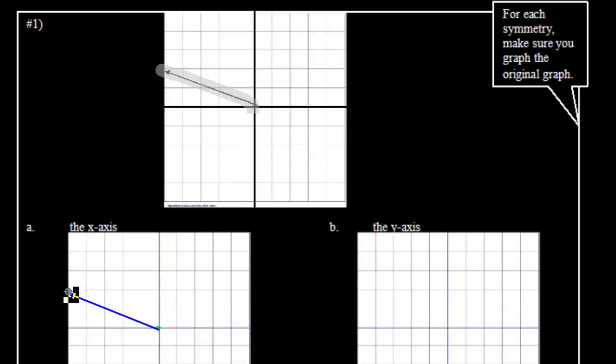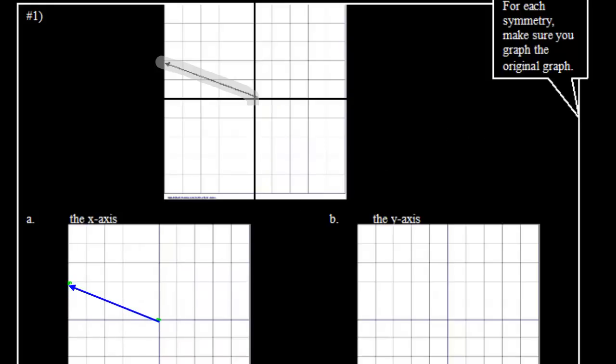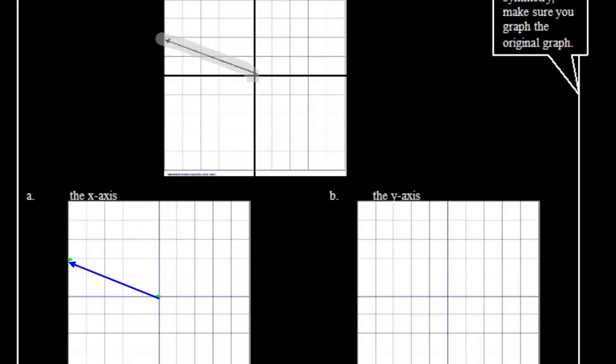So this is the original part of the graph. Just repeating it. Now part A says with respect to the x-axis it's symmetric. So let me make sure that you can see my x-axis. This is the x-axis.